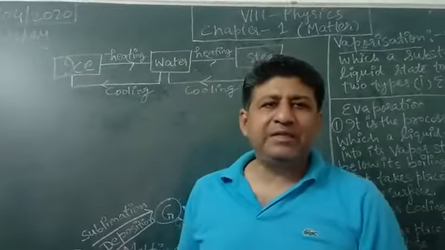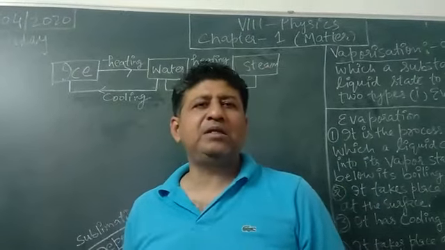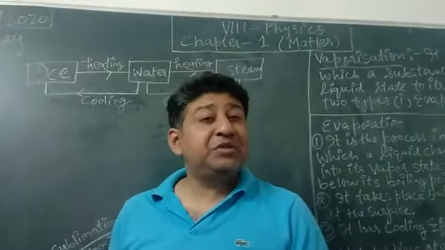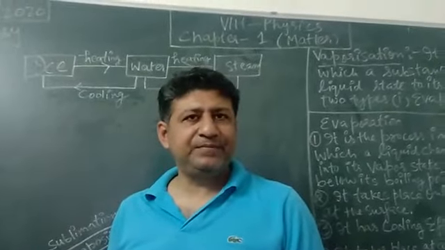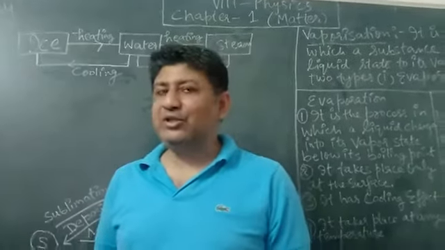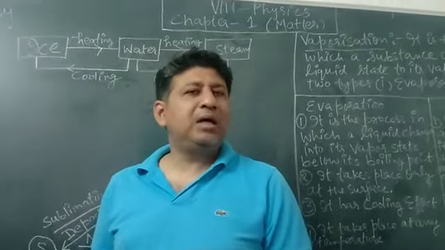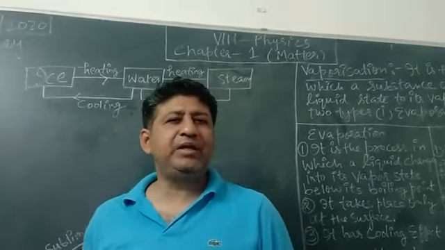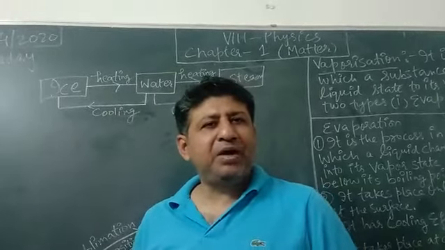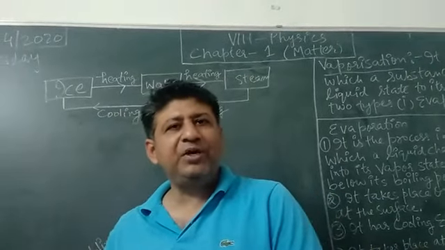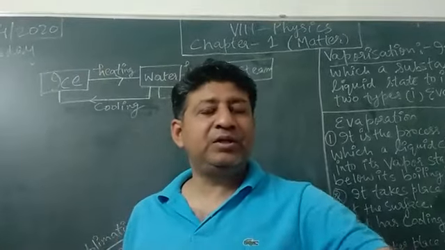That means the random motion of particles, which gives kinetic energy to the molecules, is maximum in gases, and it is least in solids because the intermolecular force is very strong, and it does not let the particles go away from each other to a larger distance.